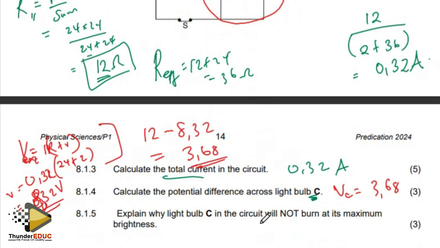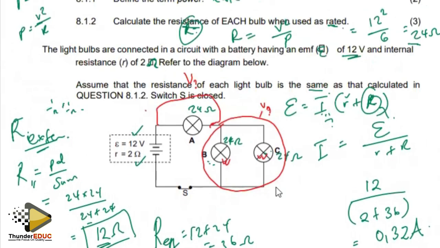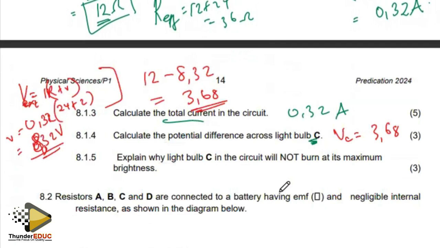But we can also look at the power ratings. The power rating is 12 volts. This is how much it can handle. But then what is going through there is just a 3, something. So I believe it is too low. It is too low.